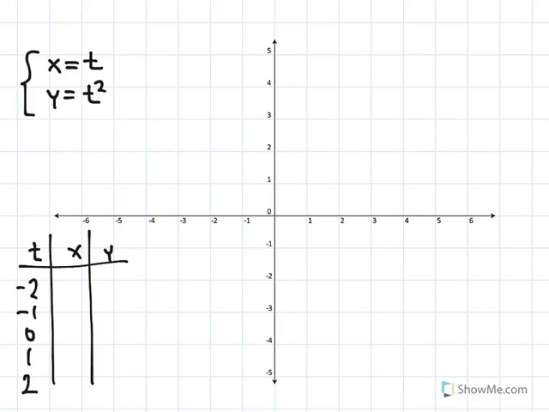Suppose we have an object in the xy plane, and it is moving, and its motion is described by this set of parametric equations. The x-coordinate of the object at time t is given by t, and the y-coordinate of the object's position at time t is given by t squared. Now, we are saying time can be negative.